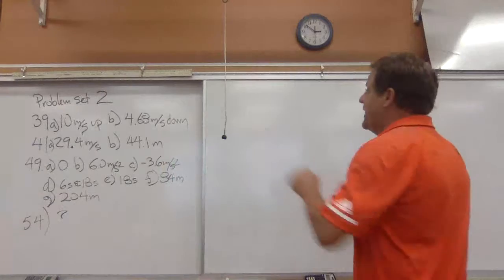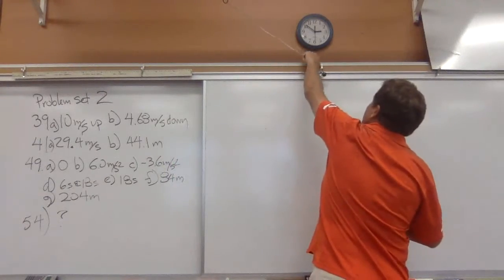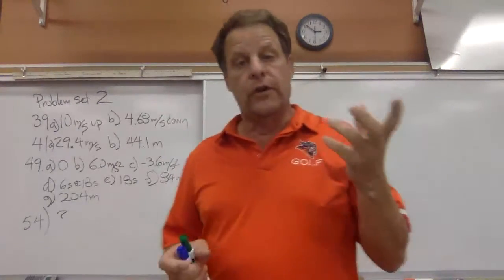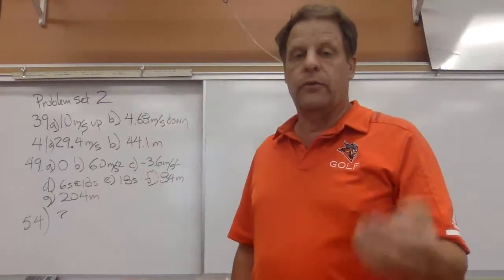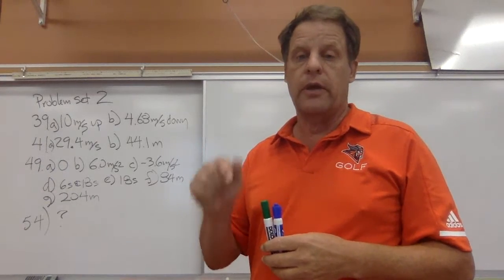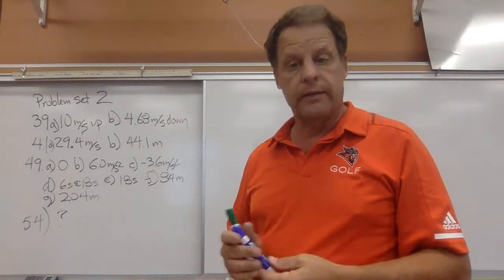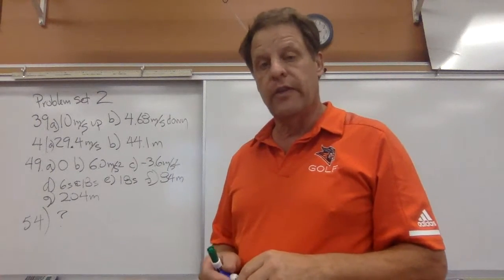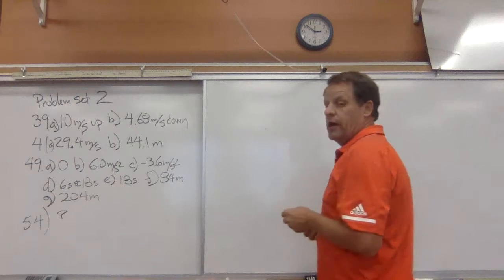So we want to figure out what we're being asked for, and that is the initial speed that they were thrown and then the final speed that they were caught. And we want to also write down what variables we know and draw a picture.